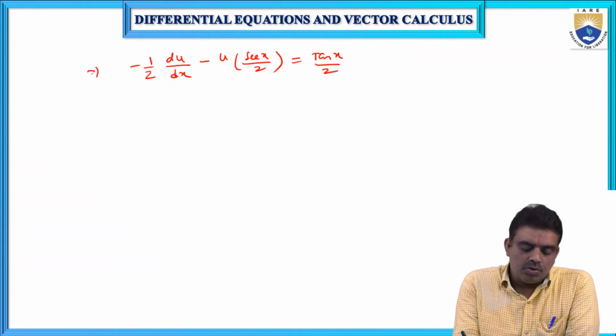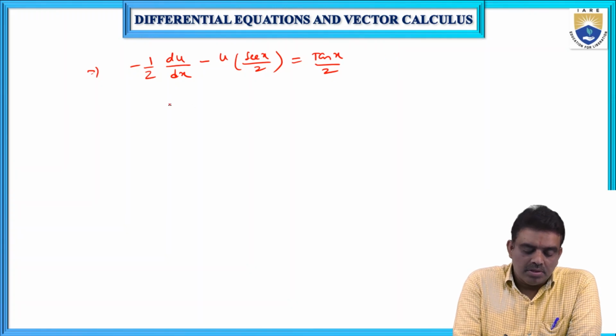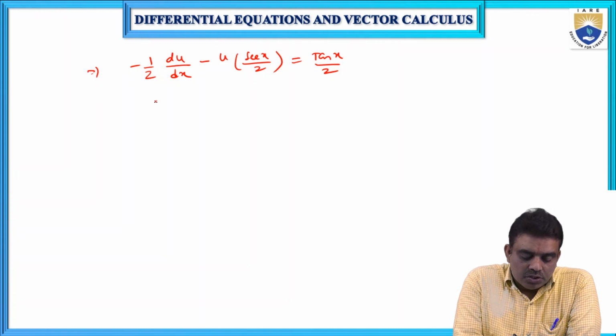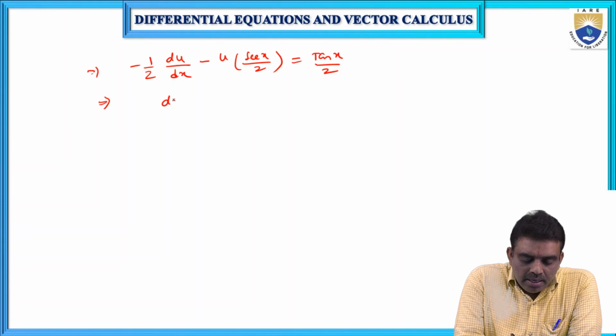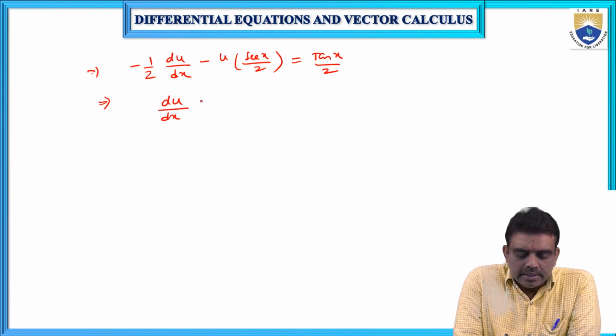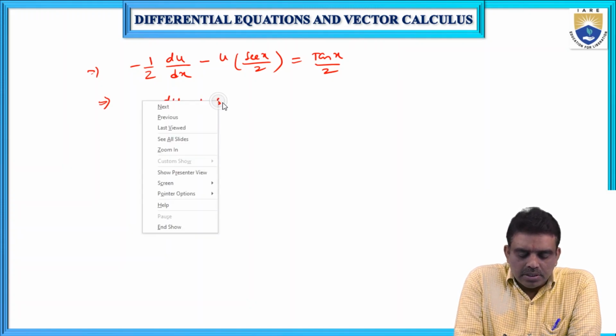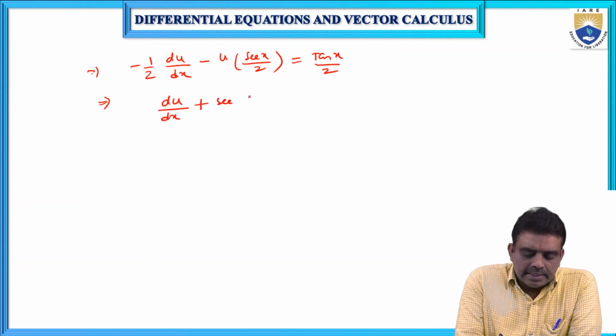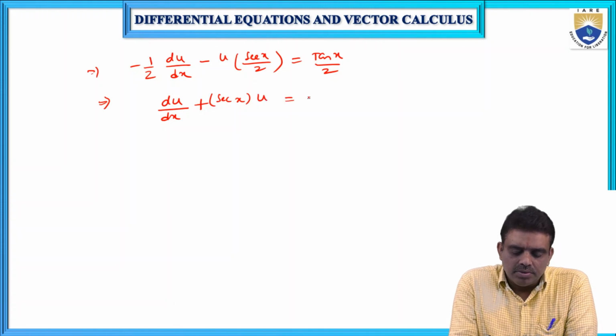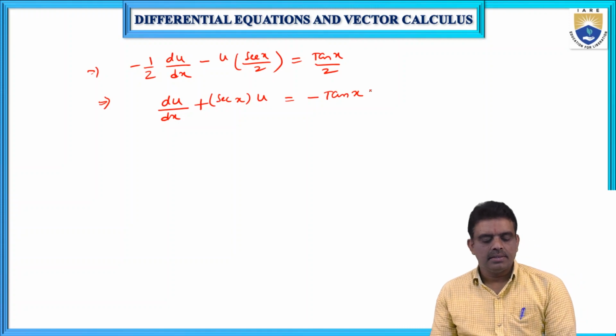On cancelling out 2 throughout the equation and multiplying throughout with minus 2, you'll get du by dx plus secant x into u is equal to minus tan x.